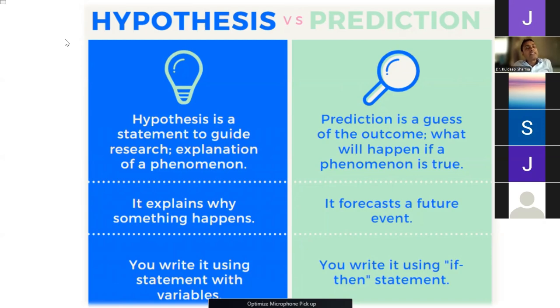In hypothesis, we want to stabilize a relationship, find out differences, or find out the impact of one variable on another variable. But in prediction, we just give predictions. It just assumes something that may or may not be there, and therefore research methodology work starts with a word known as research.